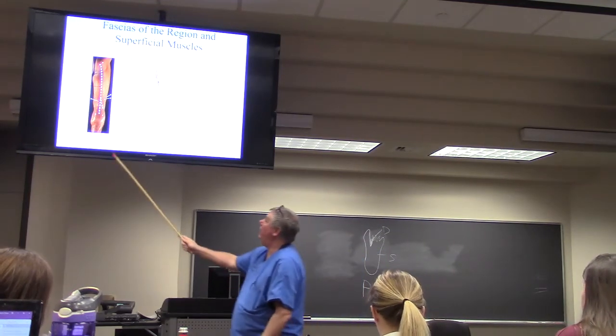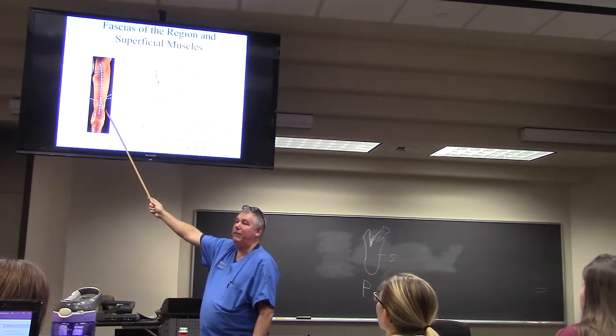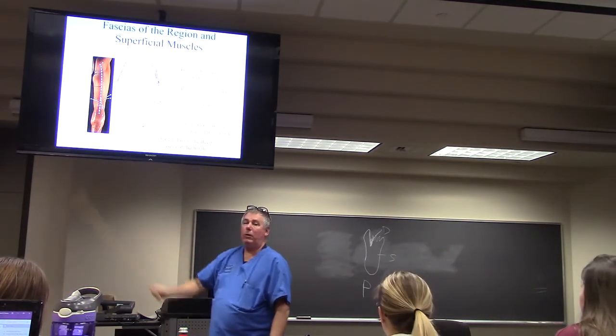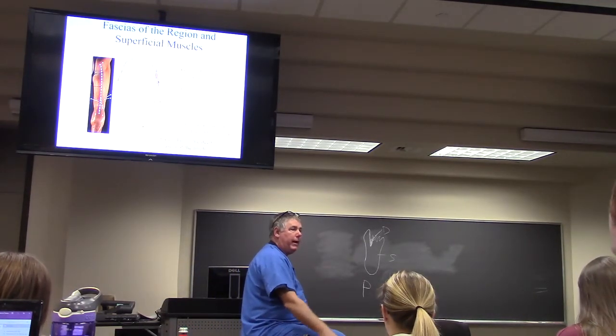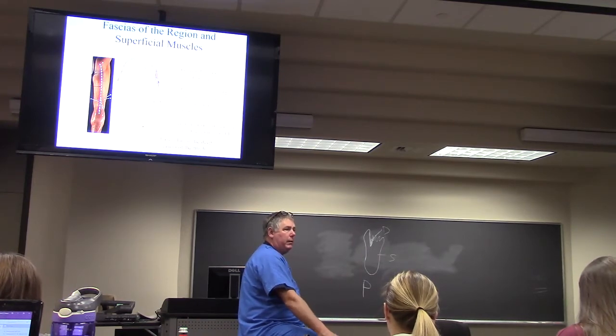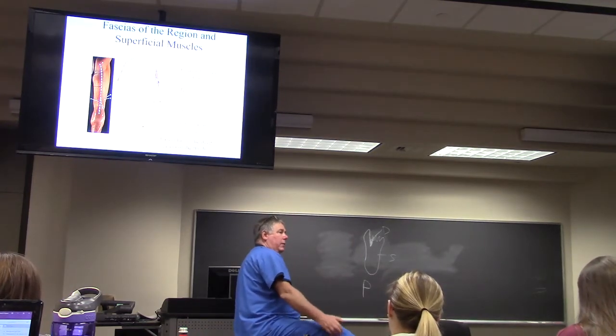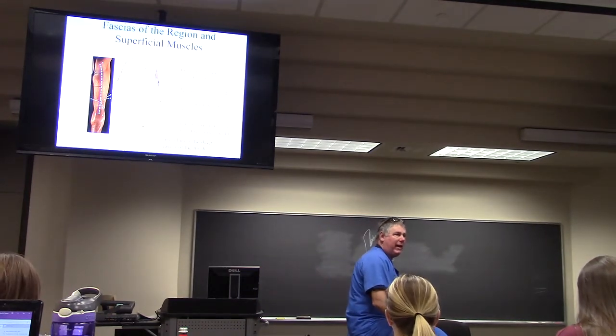Here's the split right here. This is the common peroneal or common fibular nerve that goes lateral. It comes around here and wraps around the head of the fibula. It's the most commonly injured nerve in the body because it's right here. You can feel it right there, like a funny bone.